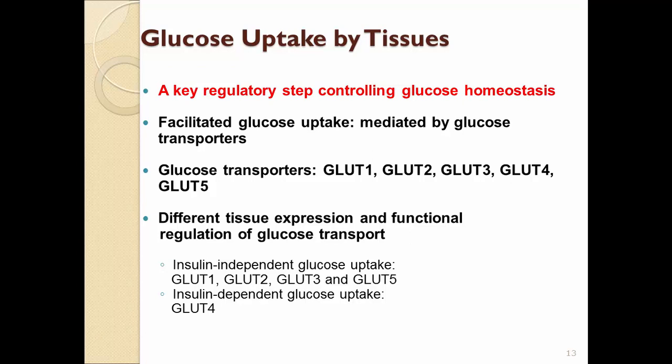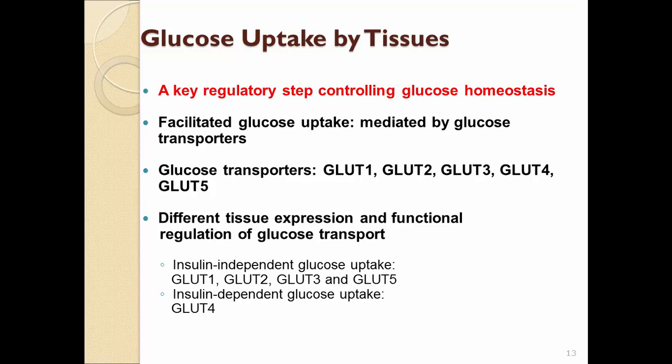So far, a lot of different glucose transporters have been identified, but here we just want to focus on five, right? GLUT1, 2, 3, 4, and 5, and different tissues express different glucose transporters. In general, we divide these glucose transporters into two categories.